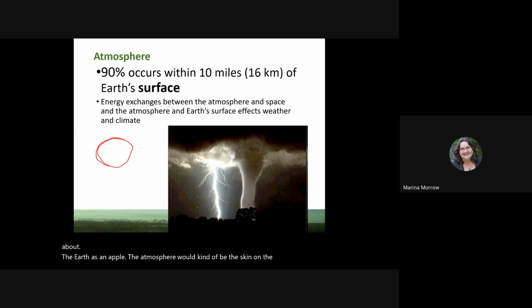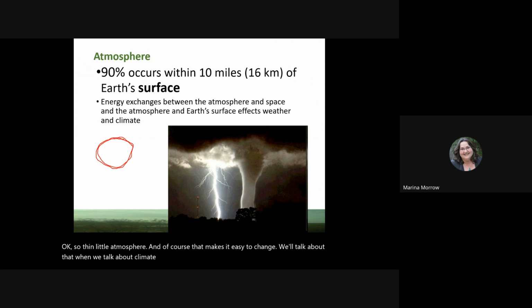Not very thick. A thin little skin, not even as thick as the skin on an orange. And of course, that makes it easy to change. We'll talk about that when we talk about climate change. But that's where the weather is, within that 10-mile radius.